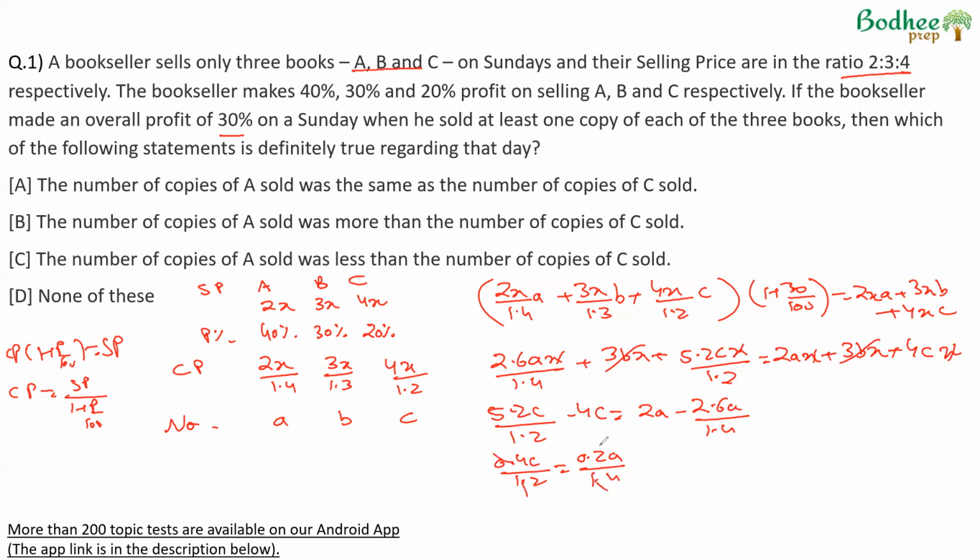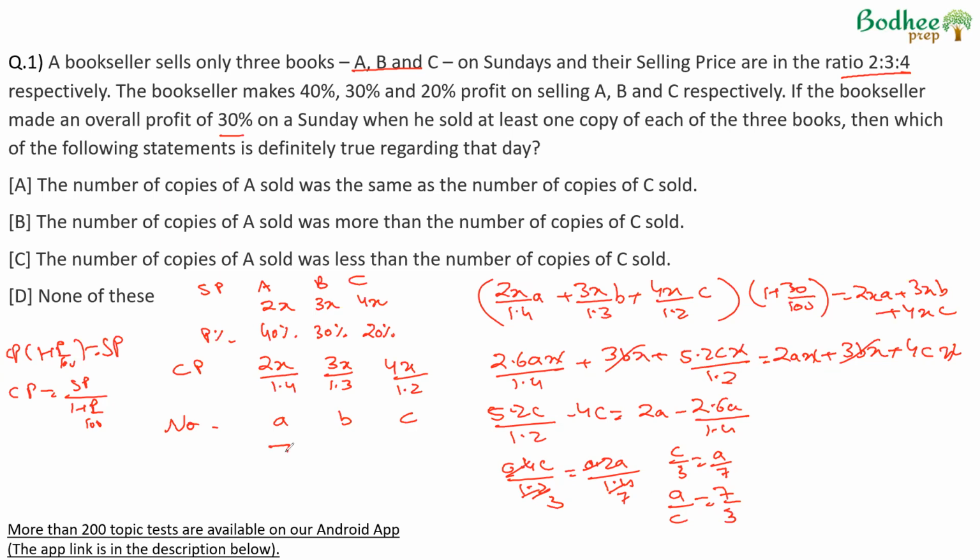So 0.4C upon 1.2 is equal to 0.2A upon 1.4. 4 threes are 12, 2 sevens are 14, and therefore C by 3 is equal to A by 7, which means A by C is equal to 7 by 3.